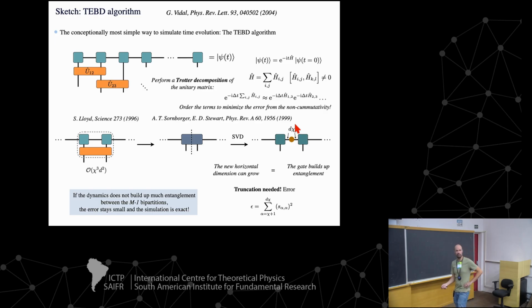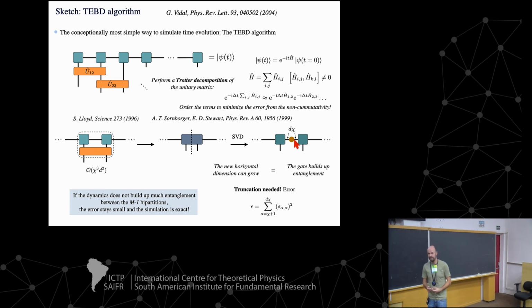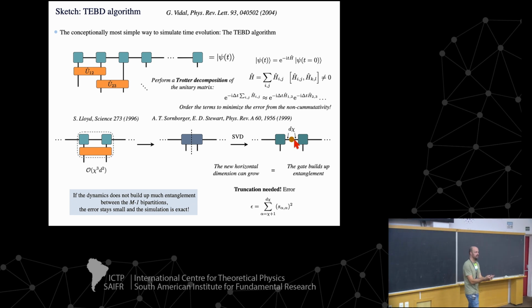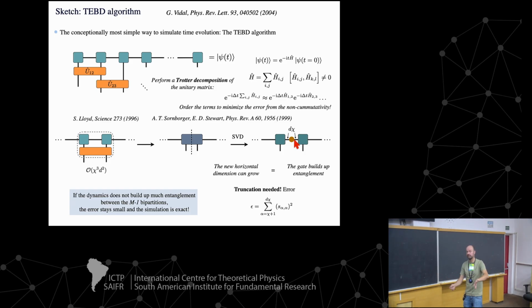So if I have qubits, then the singular value decomposition is going to give me a new index which has twice the chi that I had before. This tells you that two-site gates lead to entanglement because they grow this dimension. They grow the potential entanglement between these blocks of the system.